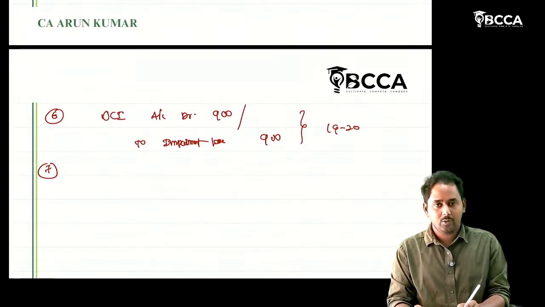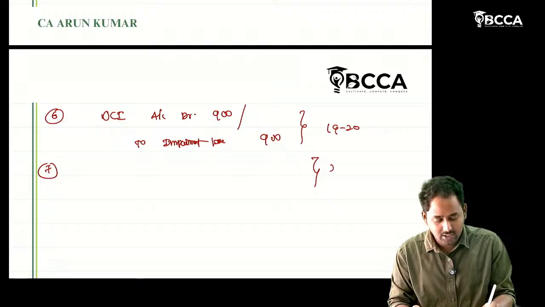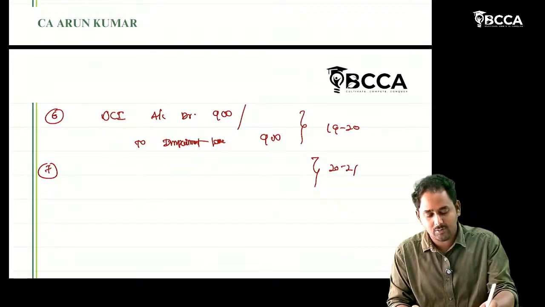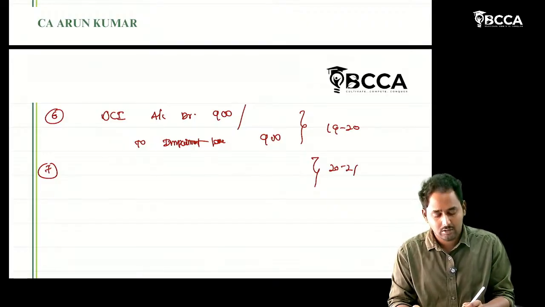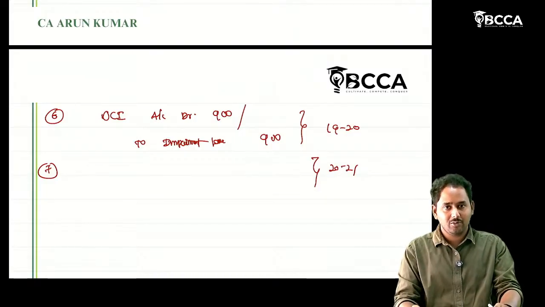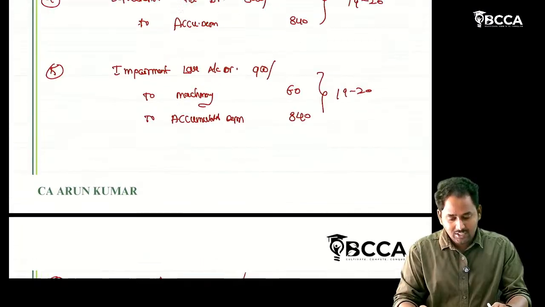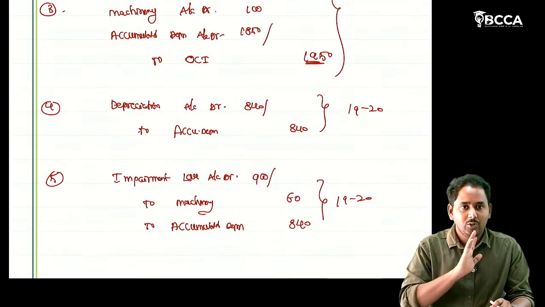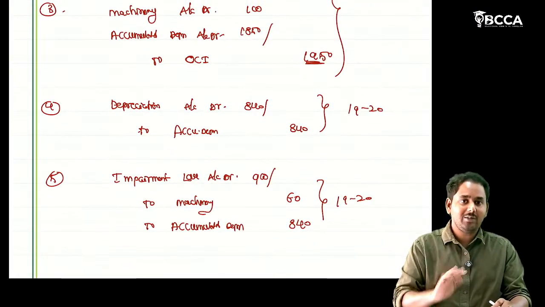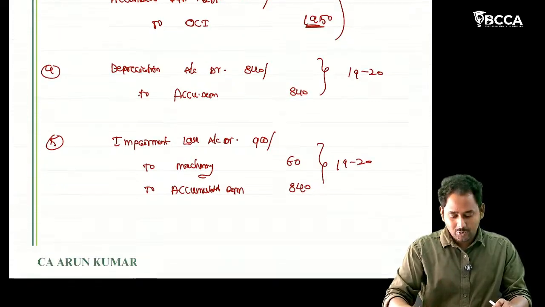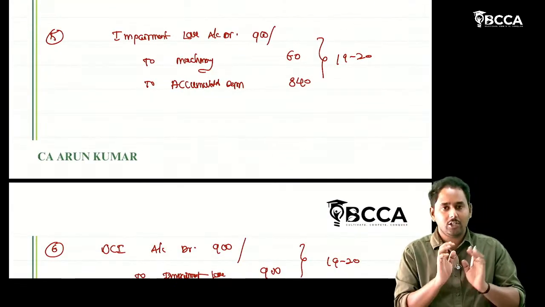Then with respect to 2021, what is the journal entry? Only the depreciation journal entry. Tell me the depreciation journal entry. No, you cannot do that, because here the balance is there in OCA. So I need to reduce the OCA balance. Okay. So here what you are saying, I got the loss, right?